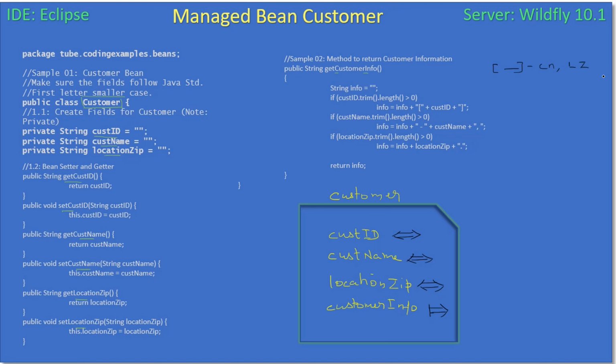This is how we format the information and send it when the user makes use of this one-directional info, getCustomerInfo. Alright, now our bean is ready. To recap, we have four properties. Of these, three are read and write, and one is read only. I mean the customer info is read only.